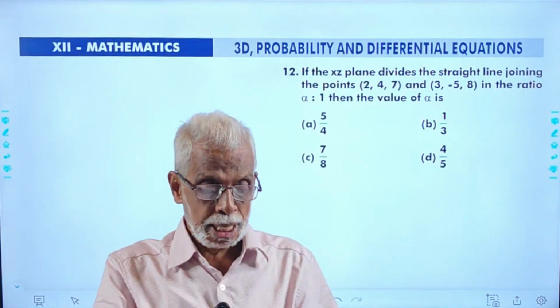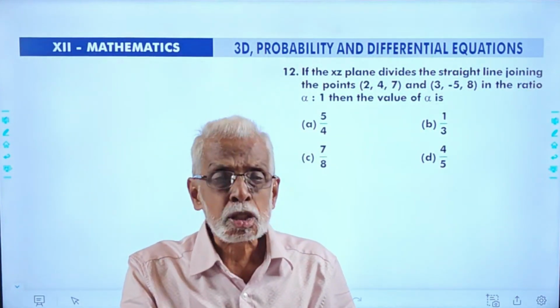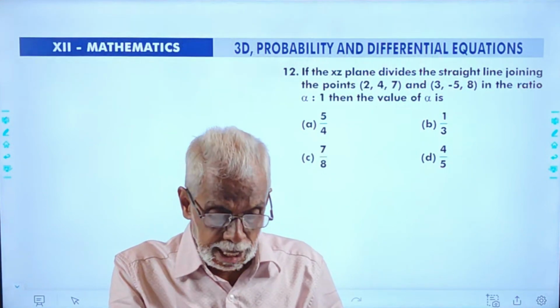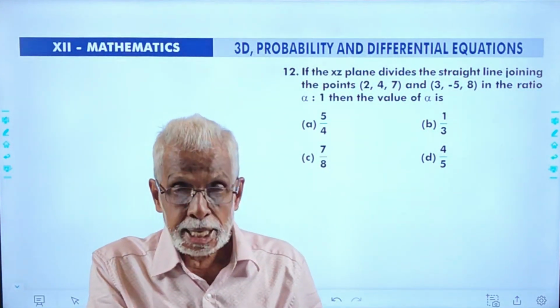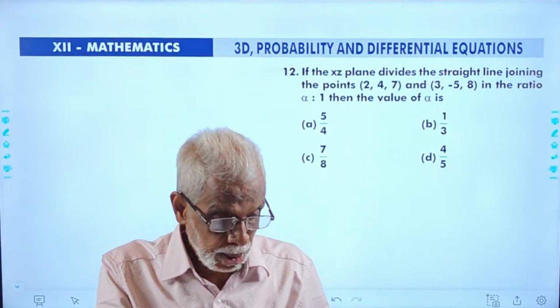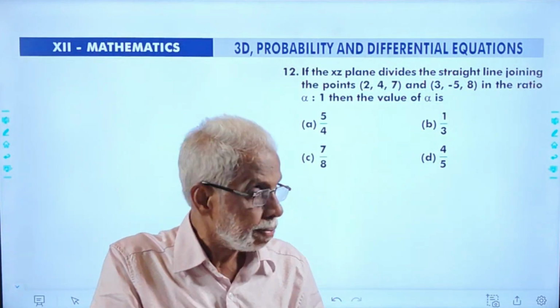Choice. 12th question. If the xy plane divides the straight line joining 2, 4, 7 and 3, minus 5, 8 in the ratio alpha is to 1, then find the value of alpha.